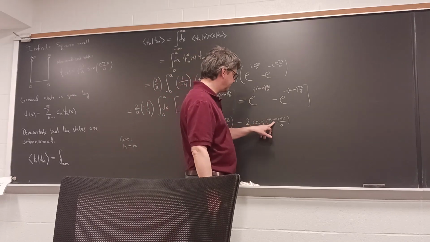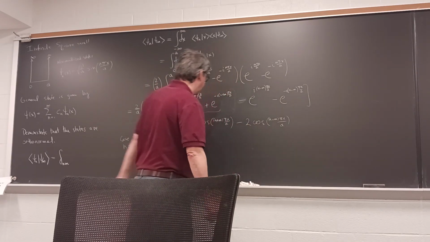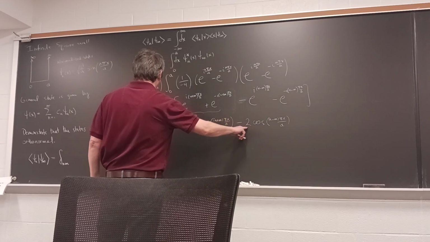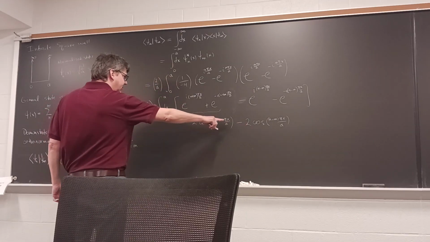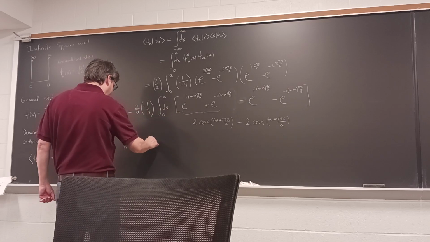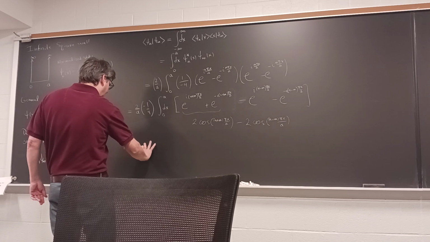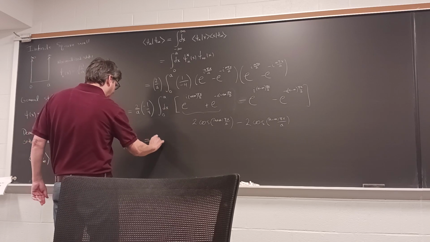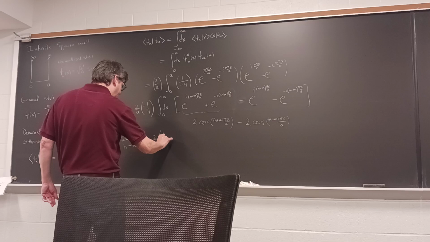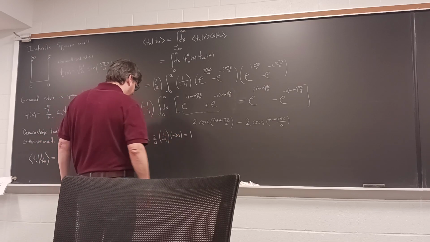But for the other term, if n is equal to m, this cosine gives us 1, so that just gives us a minus 2. Integrated over the interval, that gives us minus 2a. So this would be equal to 2 over a times 1 over minus 4 times minus 2a, and that's just equal to 1.